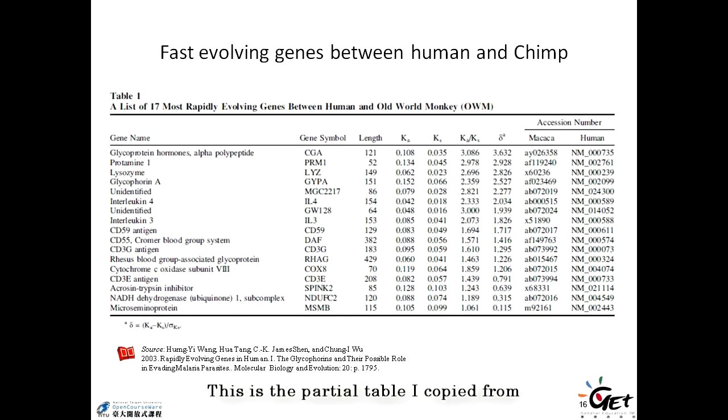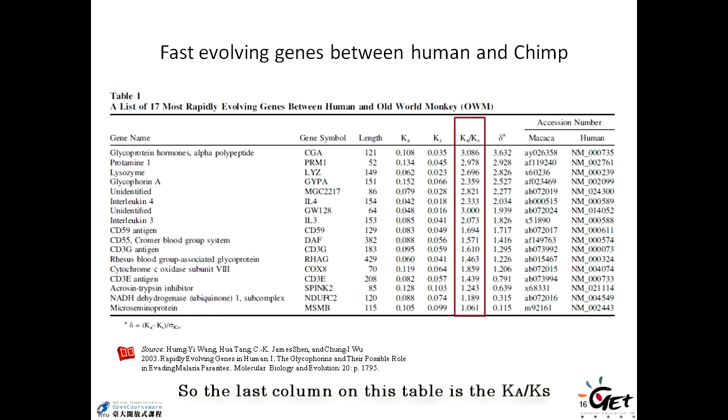This is a partial table I copied from another list, to show the difference between the human lineage and the chimpanzee lineage. The short list of genes here shows really high Ka/Ks ratios. The last column on this table is the Ka over Ks for a lot of different genes.